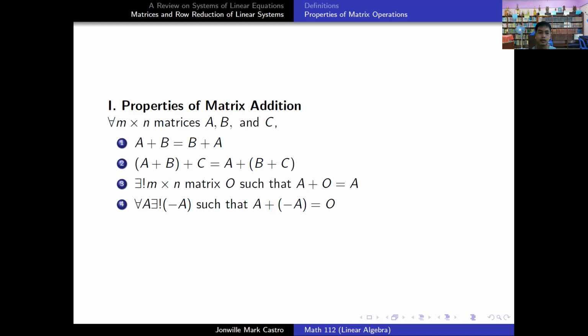So, it is a unique matrix since siya lang yung maka-satisfy nitong condition ito. For all A, number 4, for all A, there exists a unique matrix negative A such that A plus negative A gives us zero matrix.